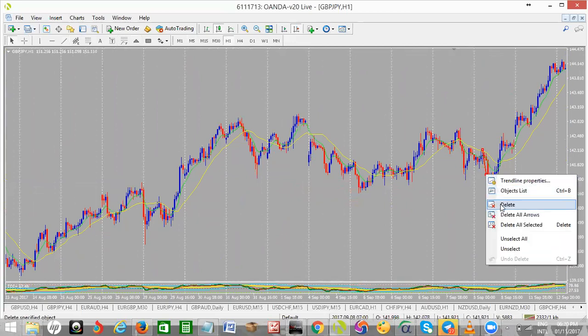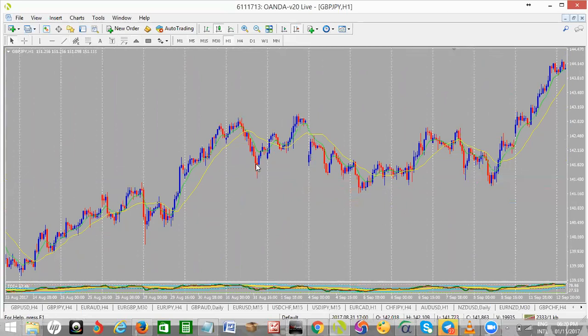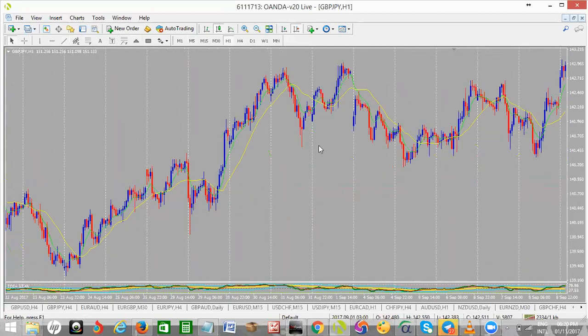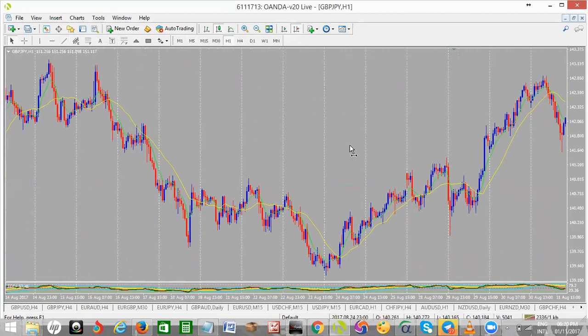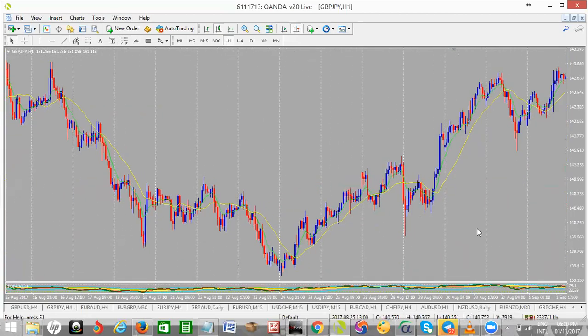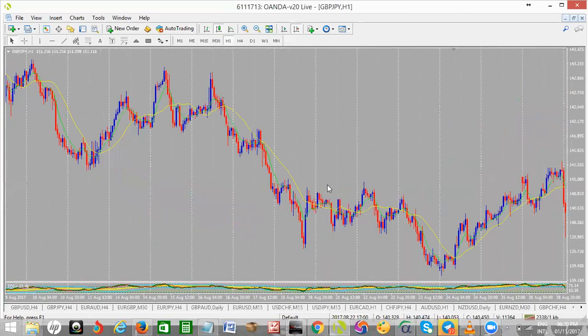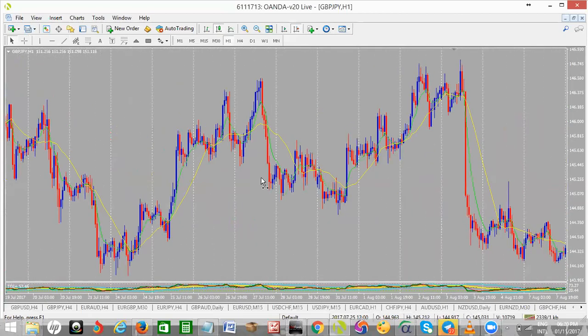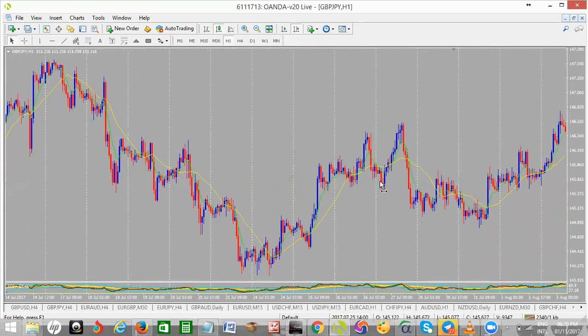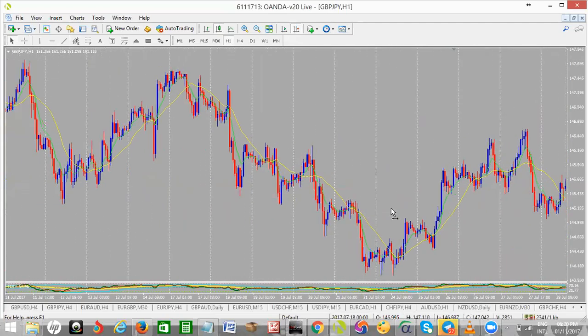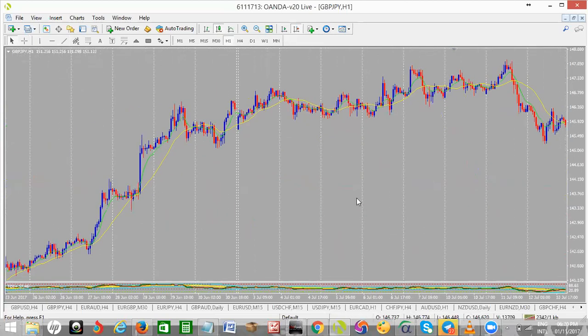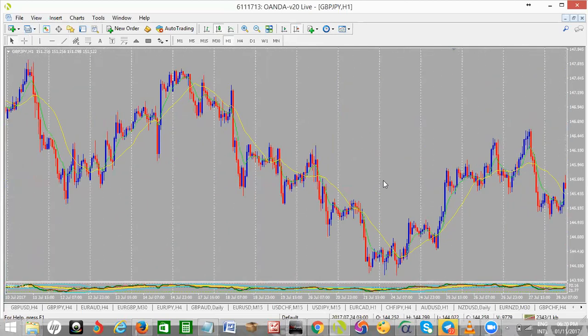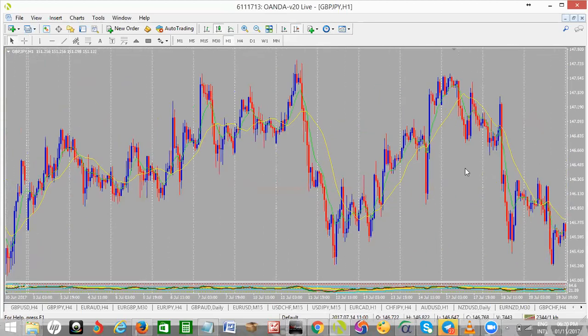Yeah, I'd have to get a clear pattern. Let's see if we get it. Look at this one, but this one is too big. Let me look for something clear. Again, I can't find it in the market. Yeah, it's not really clear. I will look for something clear.